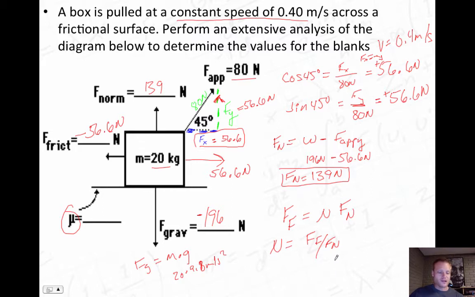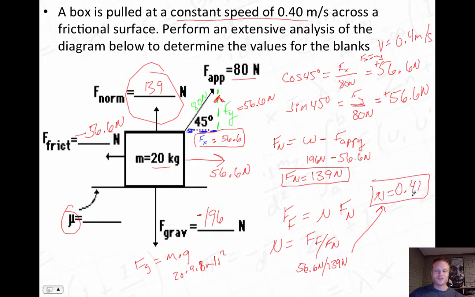And if you plug in your numbers, the force of friction is 56.6 newtons divided by the normal force, which is 139 newtons. If you do that math problem, I'm going to put the answer up here. Mu would equal about 0.41, I'm rounding a little bit. Mu equals 0.41, and that would be on this line.